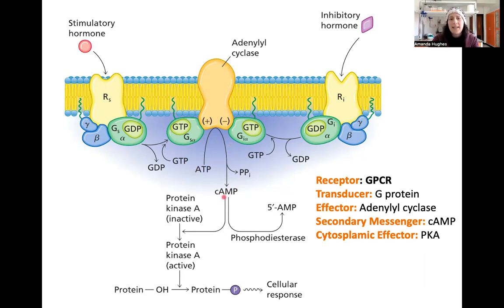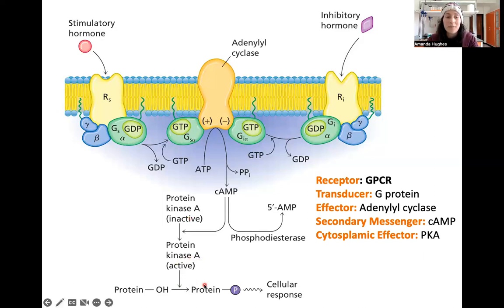Okay, so now we have our secondary messenger, cyclic AMP. It goes to bind our cytoplasmic effector, protein kinase A. Protein kinase A that does not have cyclic AMP bound has a little pocket where cyclic AMP can bind. And once cyclic AMP binds in the pocket of protein kinase A, it activates that kinase enzyme.